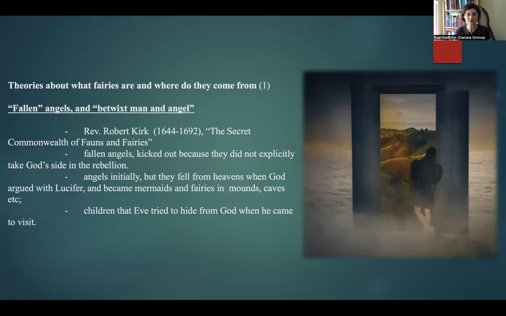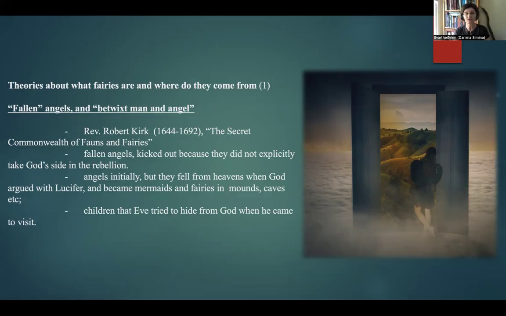So back to Kirk's book. It gives several stories about the origin of fairies. So fairies as fallen angels. Fallen, as I said, falling from the sky down to the earth, not morally fallen, physically, dropping from the sky to the earth.